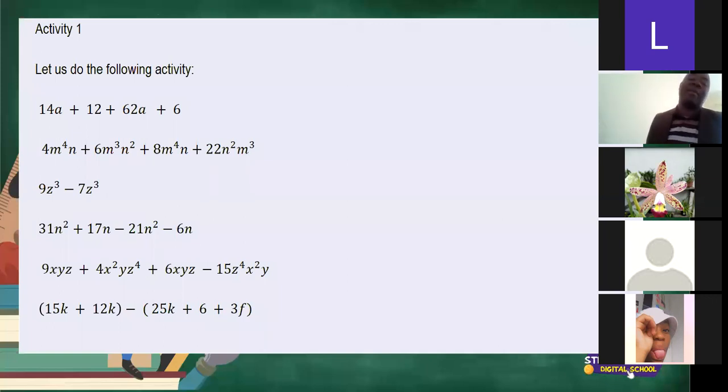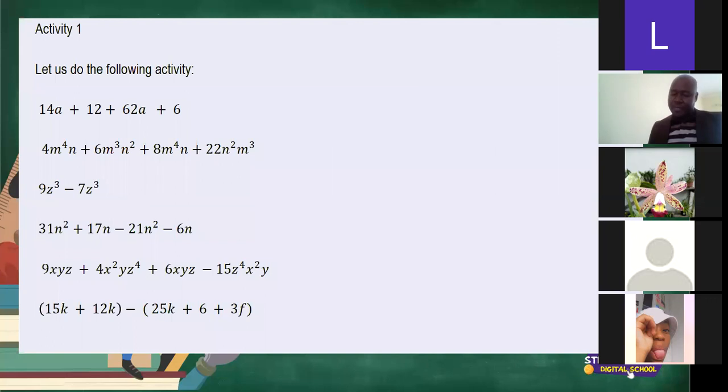So you basically multiply everything with the negative sign there, and since everything inside the second bracket is positive, everything will be negative if you use a negative sign to multiply. Thereafter, you can simply group the like terms. But before you can do that, 15k plus 12k can be added together. And what is 15 plus 12? 15 plus 12 gives you 27.